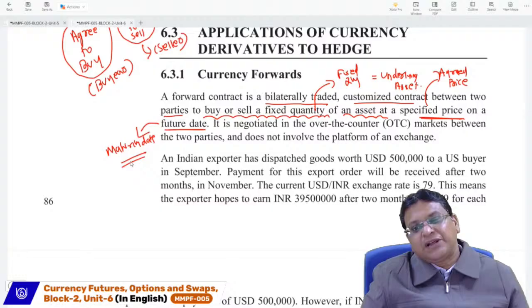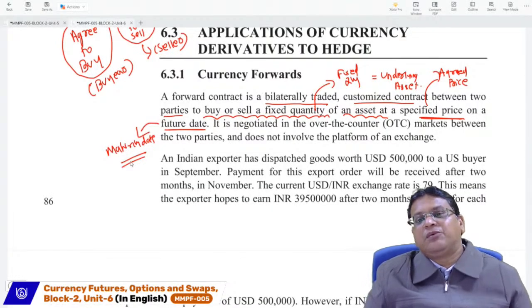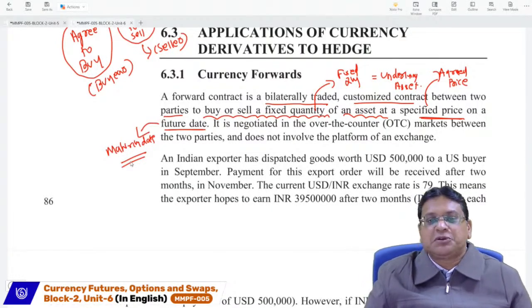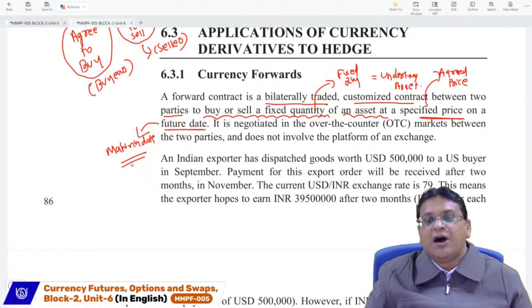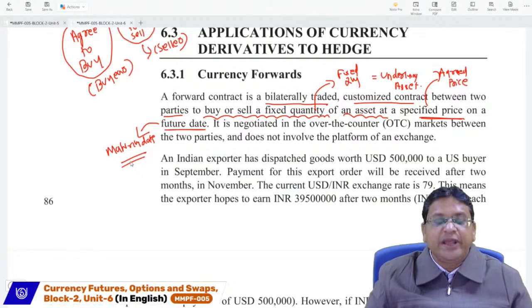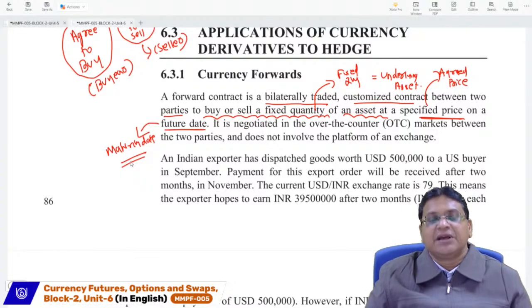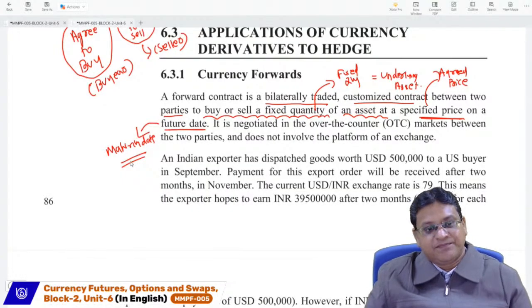So with the help of a forward contract, we can prefix the future buying price or future selling price of an underlying asset of a fixed quantity at an agreed price decided today, the settlement of which will be made on a later date, on a future date, which is known as maturity date.